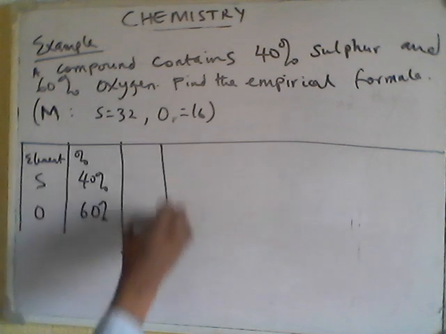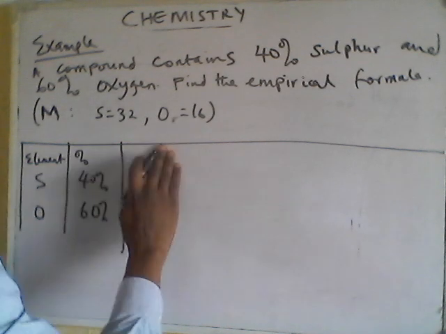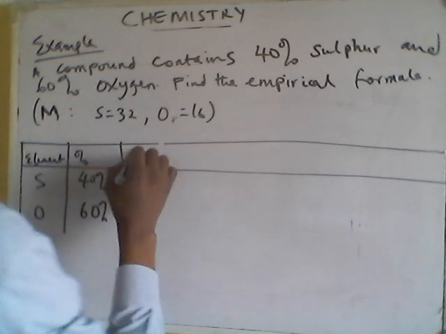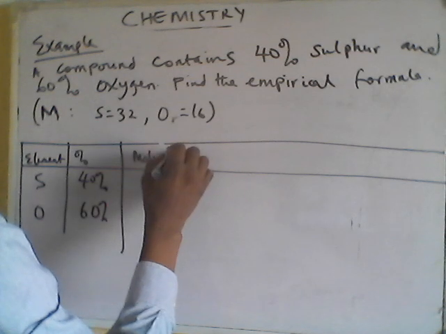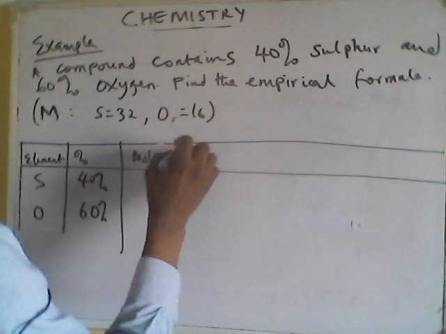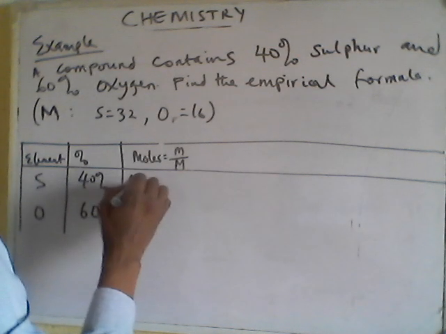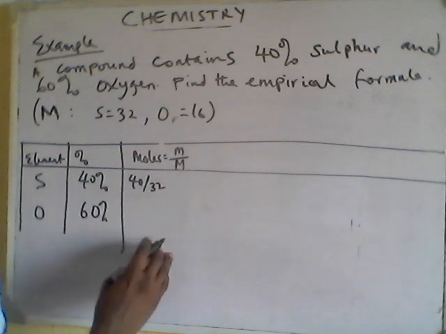The third thing is to write out the molar masses and get the moles. I know that mole is equal to mass in grams, small m, over molar mass, or percentage composition over molar mass. So this percentage is 40 divided by the molar mass, which is 32, right?